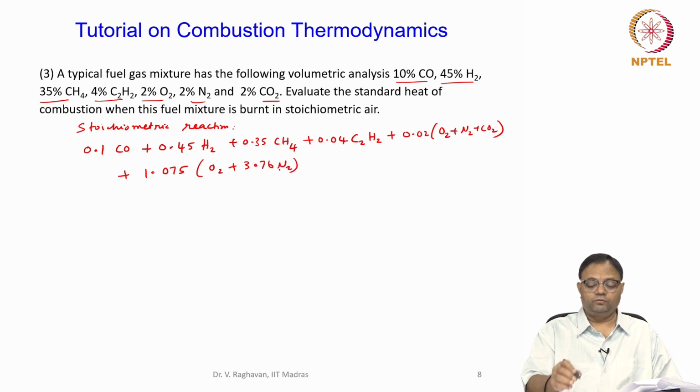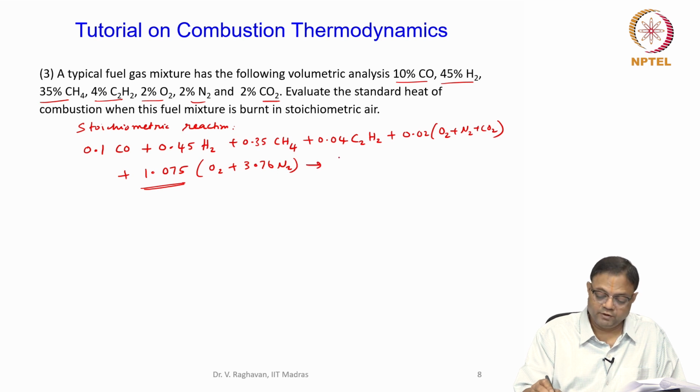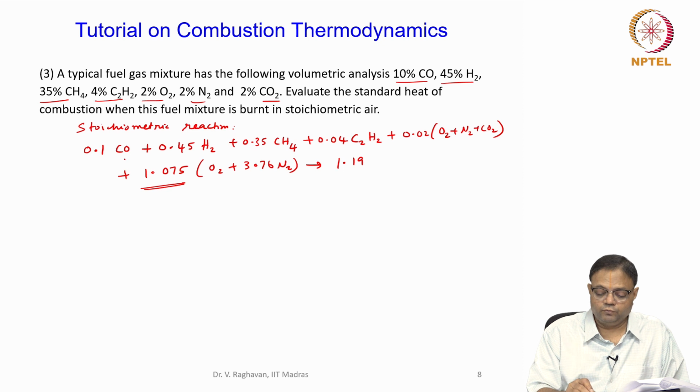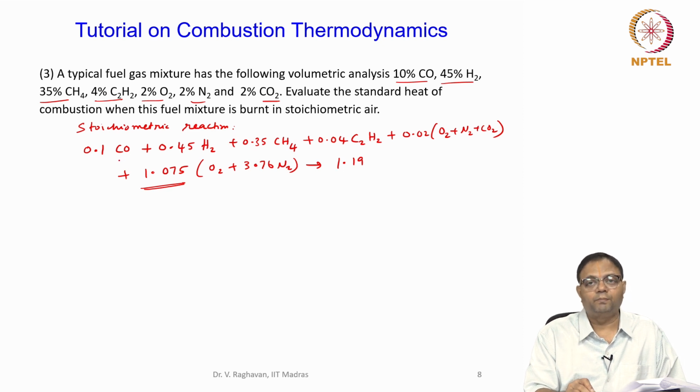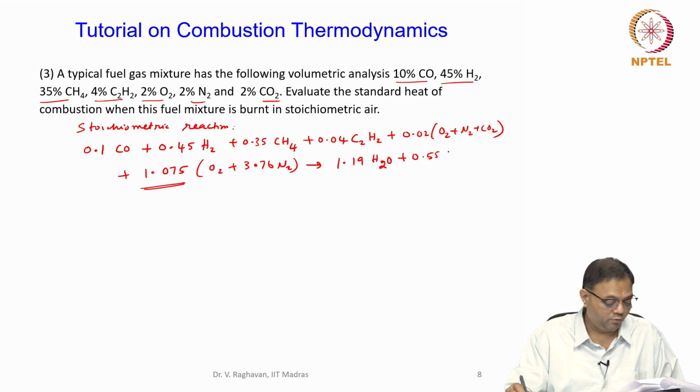This is solved already, so I am just putting the number, or we have to determine this value by using the atom balances. Giving the products also, 1.19 H2O, assuming that complete combustion takes place, so only CO2 and H2O are in the products, plus 0.55 CO2 plus 4.062 times nitrogen.